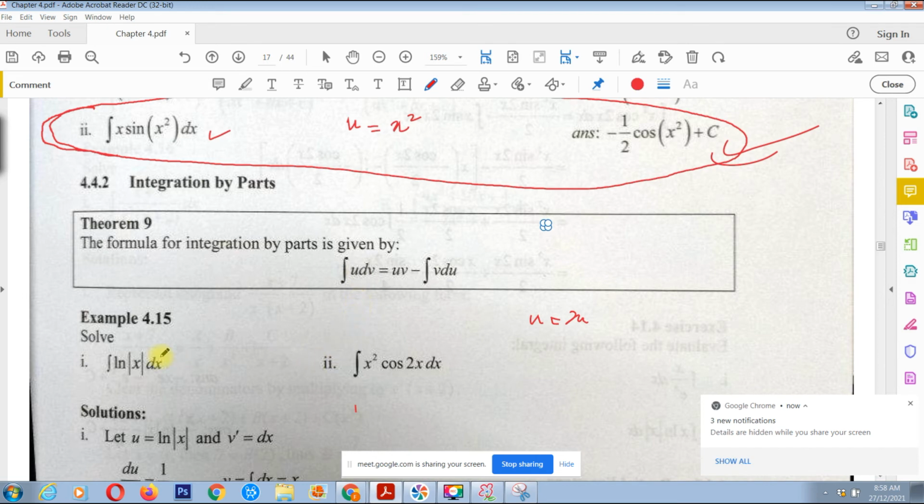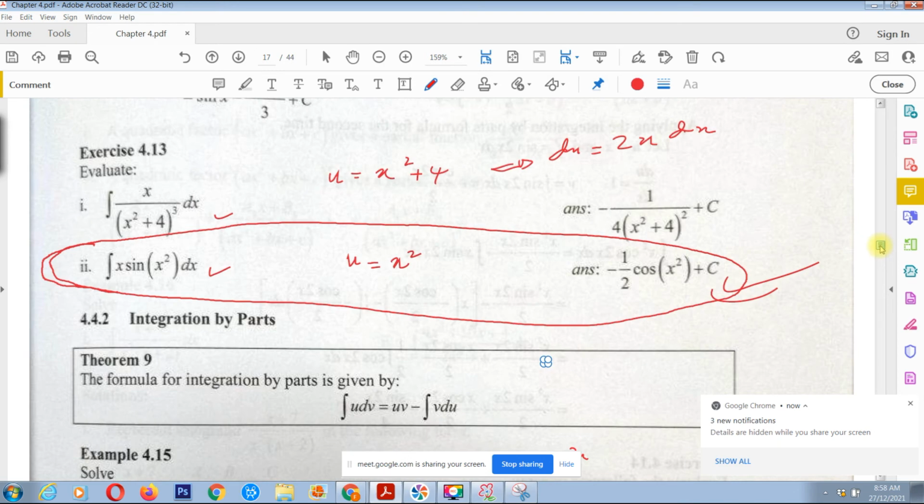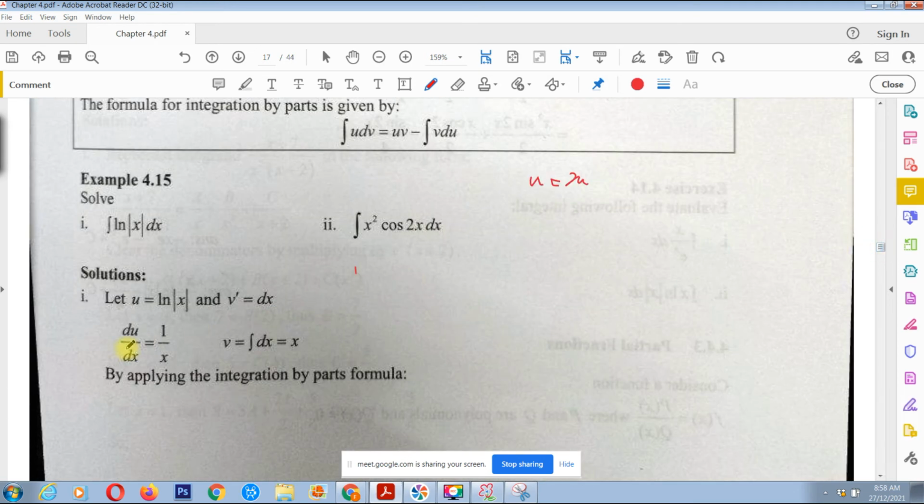So by part is we let something u and we let something v. So what is u, what is v? u is equals to ln x, v prime equals to dx, meaning v prime is the one paired with the dx, so we get v.